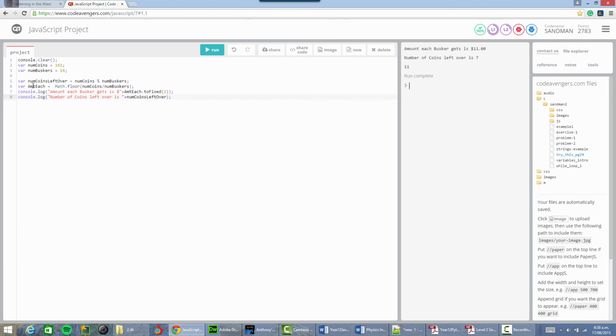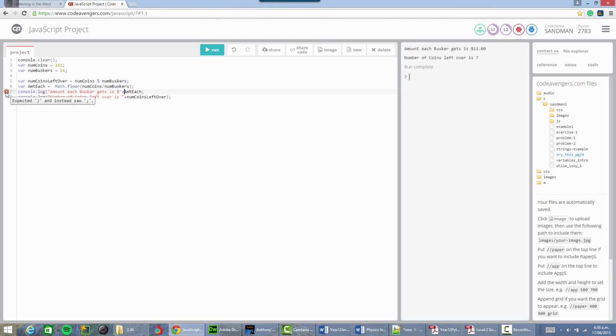It should be on the amount that each is getting. I've put that in here and run it, and as you can see, we are getting the 11, but why the 0.00? Because of this toFixed thing. While that's useful sometimes when we show decimal numbers rounded to two decimal places, in this case it could be a little distracting, so we don't want that there.